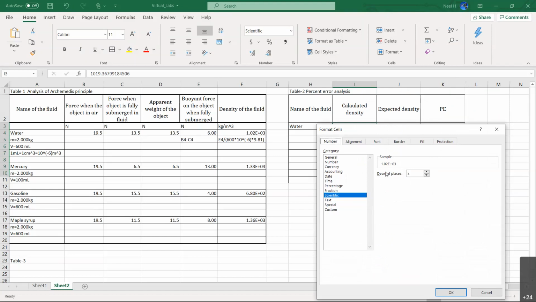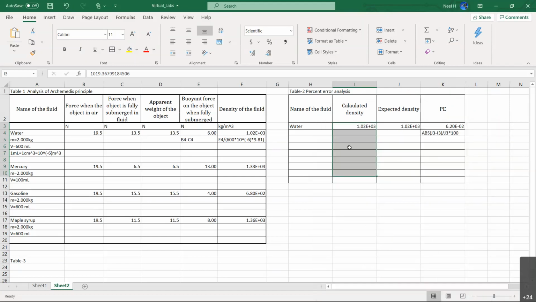And in scientific notation, usually write one number and the 10 to the power value. You have to tell how many decimal places to get the right sig fig. So I need 2 decimal places because then I will get 3 significant figures for all the calculated values, right? So that's the idea. Then I have 3 sig figs for all the calculated values.